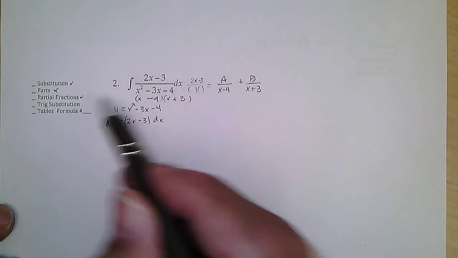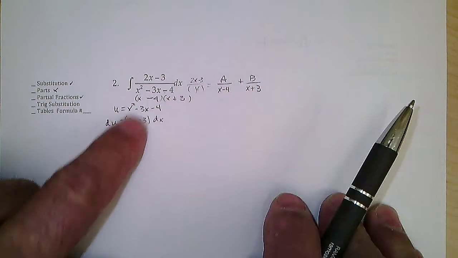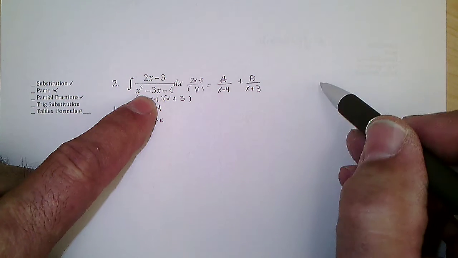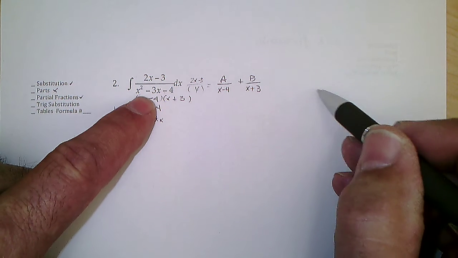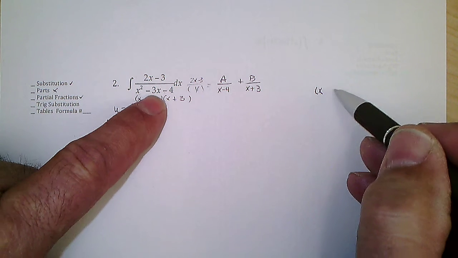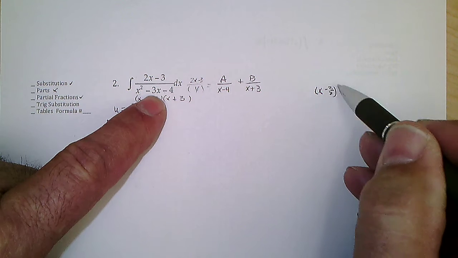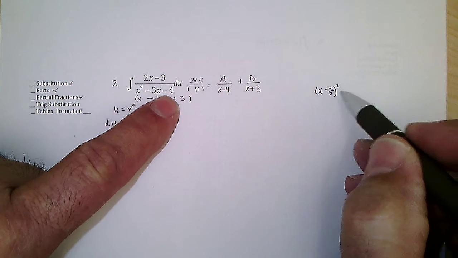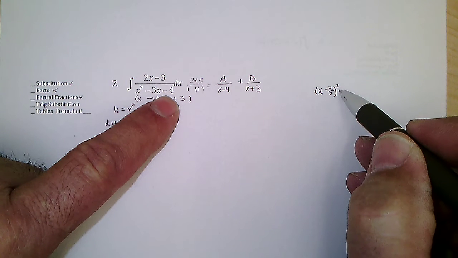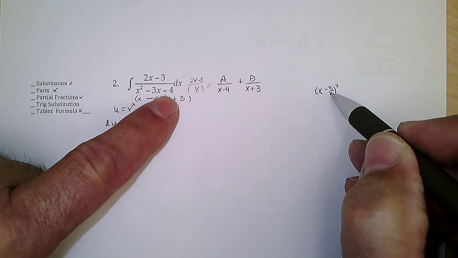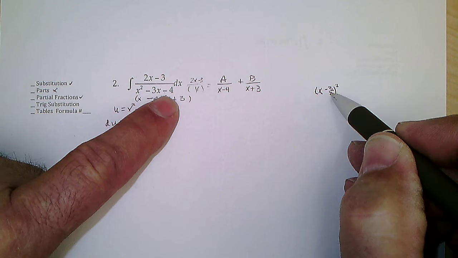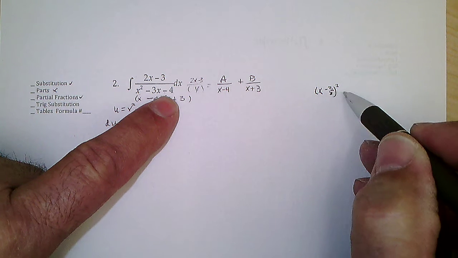Trig sub, you might be able to complete the square in the denominator. Here, let's see what that would look like. We'd have x minus half of negative 3, so negative 3 halves, squared. And then that squared would be 9/4, or 2 1/4. This would create positive 2 1/4.